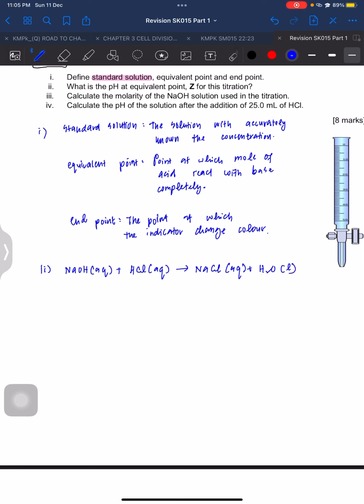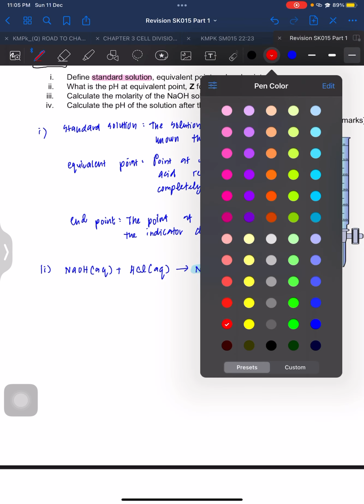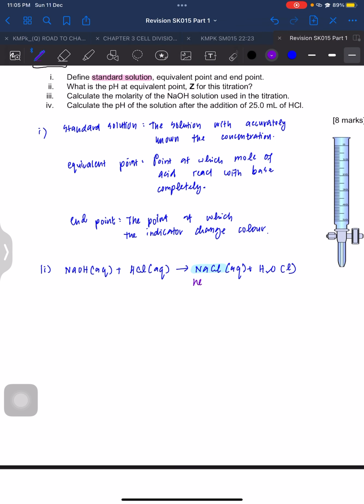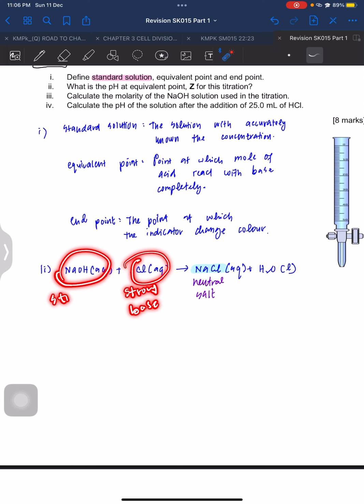So please be aware that sodium chloride is the neutral salt. Why is it a neutral salt? Because the reaction between the strong acid and the strong base will produce the neutral salt.